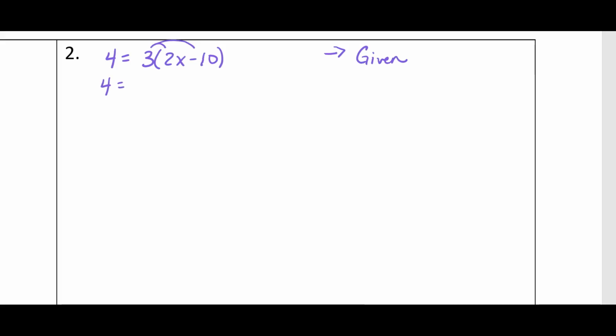4 equals 3 times 2x is 6x, not 5x, 6x. And then 3 times 10 is negative 30. The property we just used to do that is the distributive property. So that would be our justification.